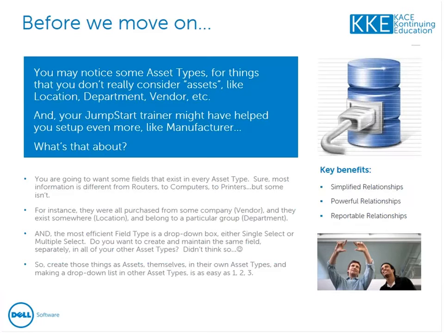We kind of already talked about this, that you might already have things like department, and you may not normally think about them as assets. But if we treat them like assets, then we can relate them to other assets, and we can definitely see how they relate to different objects.